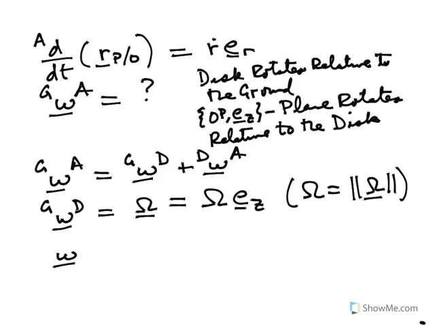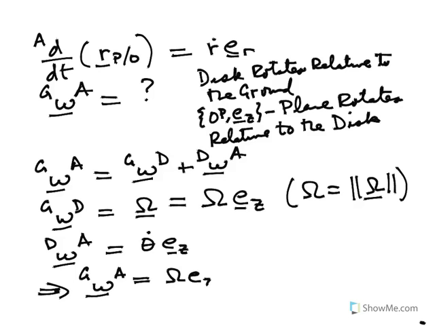The angular velocity of frame A as viewed by an observer fixed to the disk is equal to theta dot EZ. So this tells me that the angular velocity of A in G is equal to omega EZ plus theta dot EZ, which is equal to omega plus theta dot EZ.